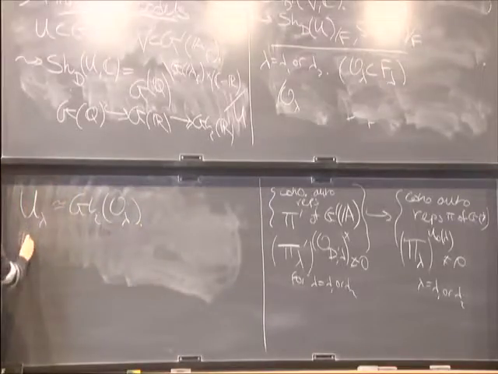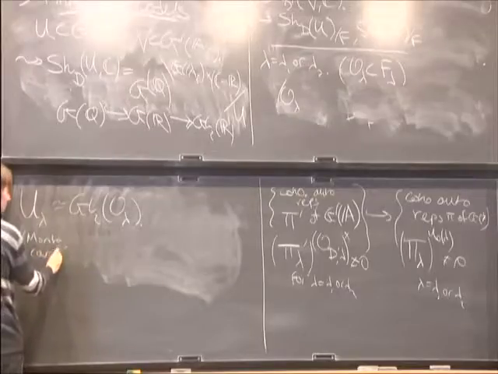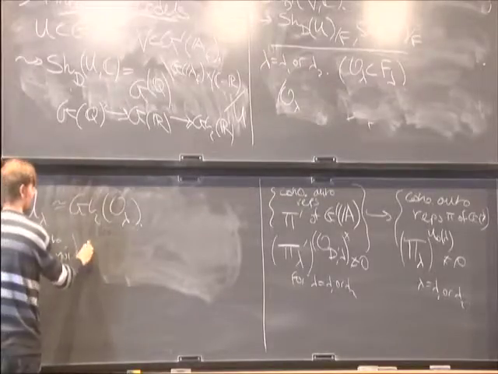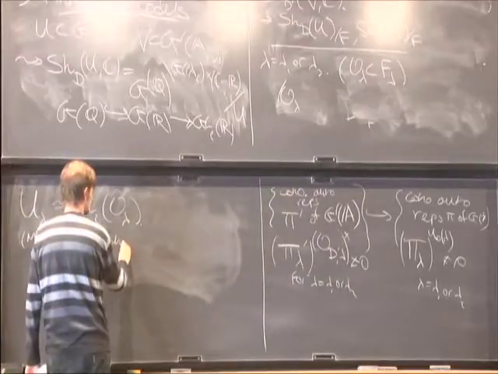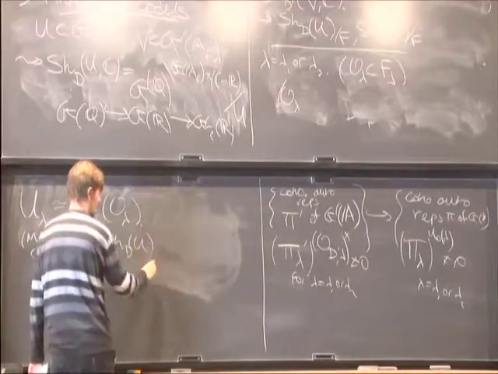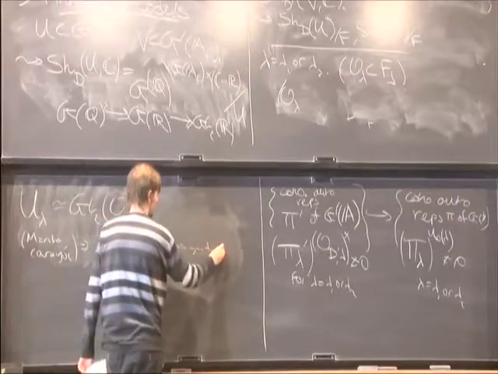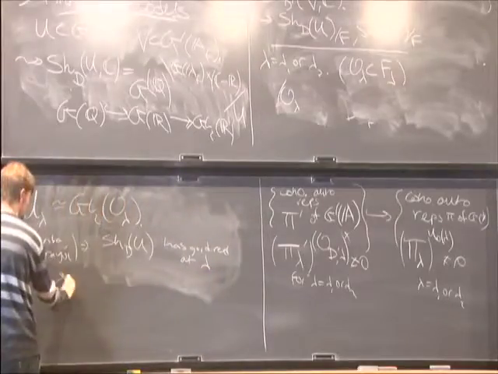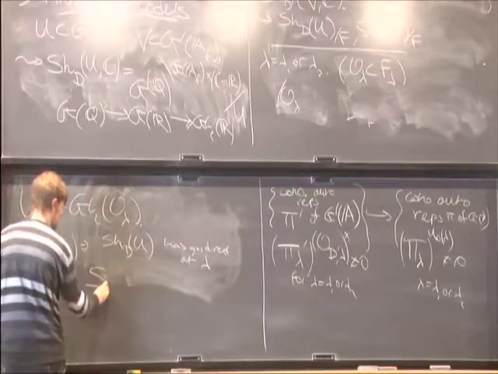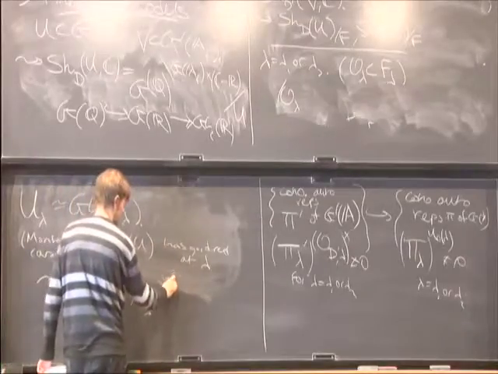Then, I guess it's due to Morita, also Carayol, the Shimura curve Sh_D,U has good reduction at lambda. So in particular, we get a smooth integral model, which I'll call S_D,U over O_lambda. So a smooth proper integral model.